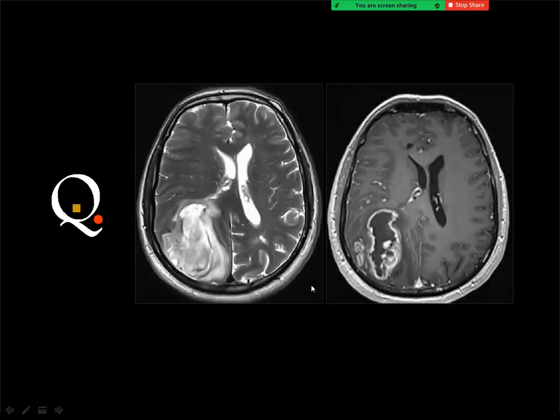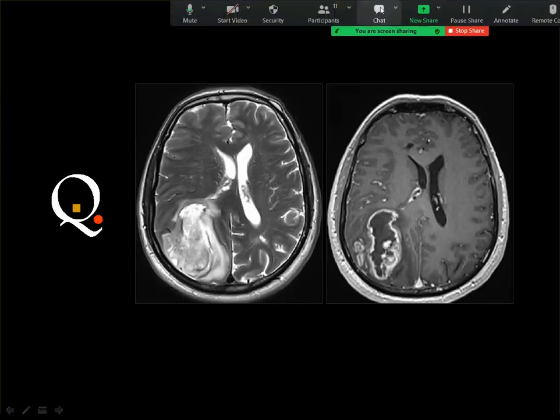Next case, and this is MRI T2 and MRI T1 post contrast.